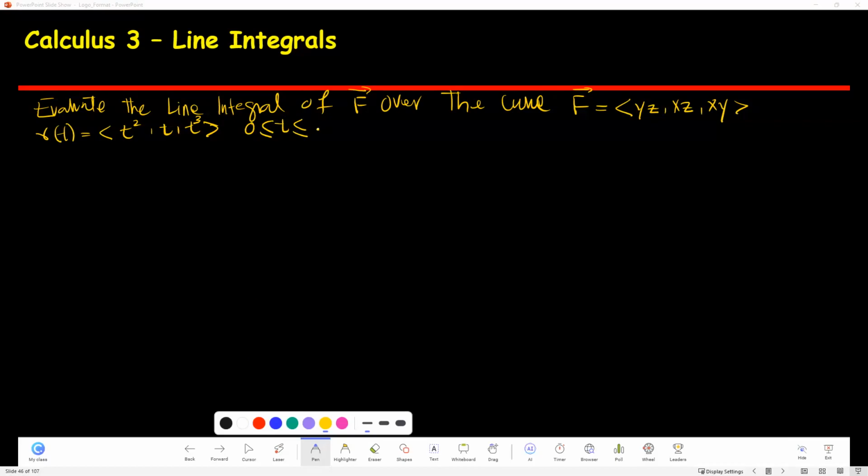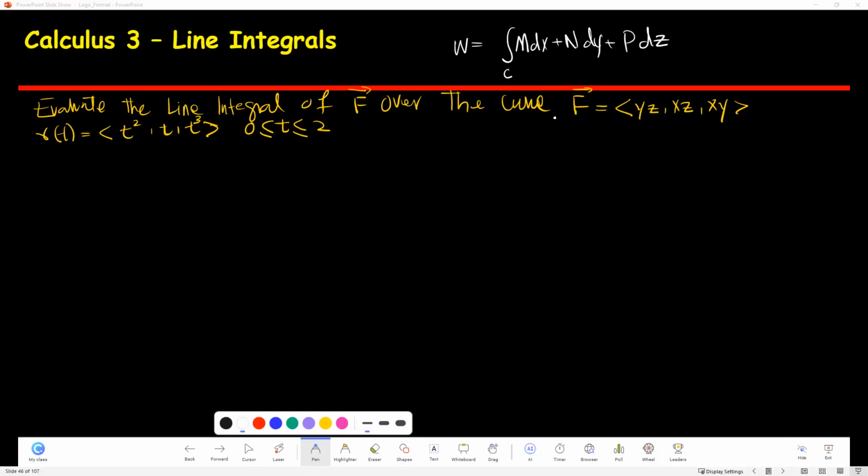This question is pretty much given. Before we start our solution, we know that W equals the integral over C of M dx, where M is my x component, plus N dy plus P dz. Let's talk about what those are.